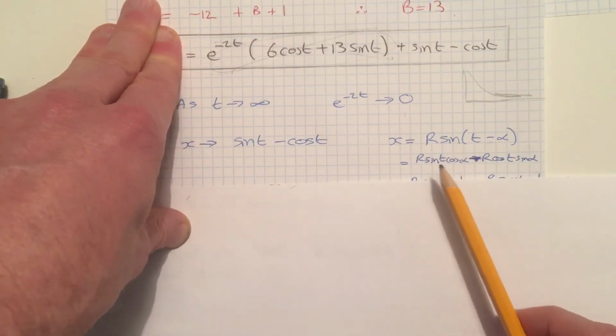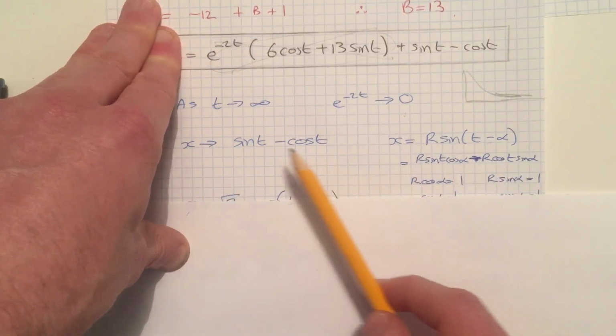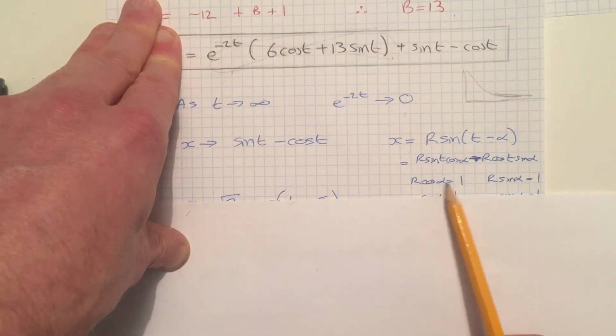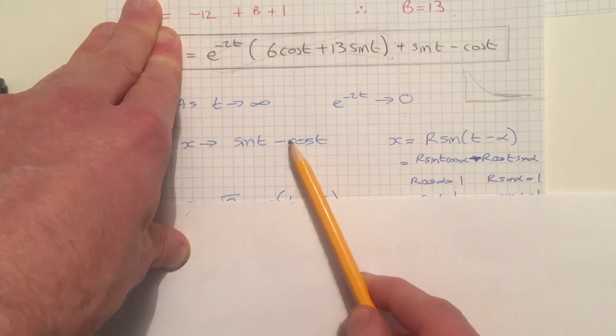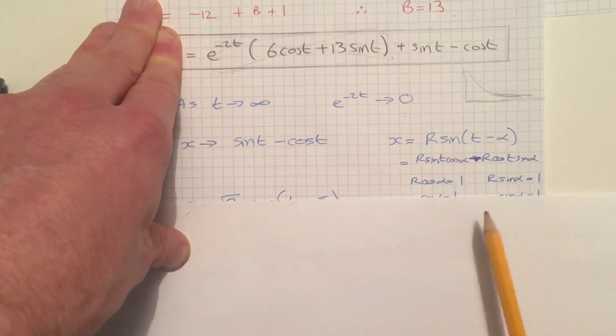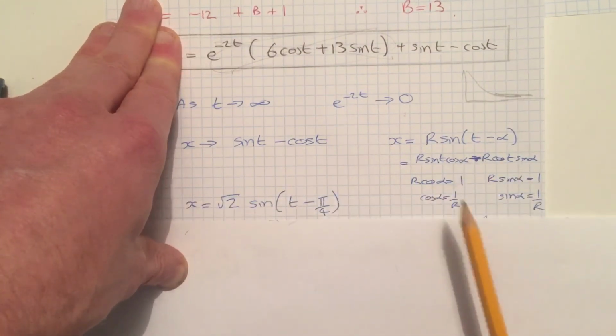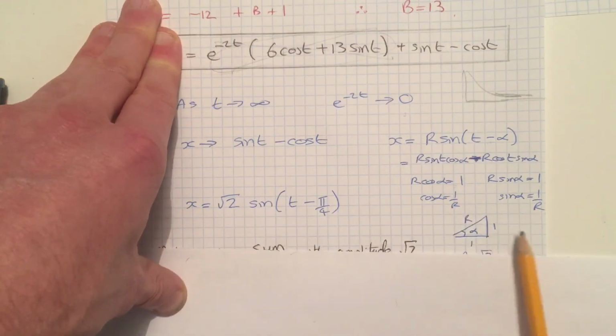Matching up, so expanding this out, comparing this and this, I can see that r cos alpha is going to be 1. I can see that r sine alpha is going to be a 1 as well, because the minus is already there. Divide through, draw my little triangle.